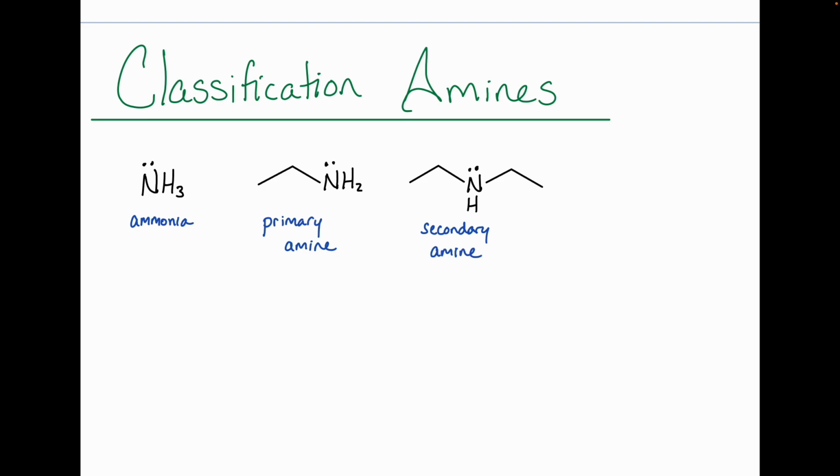Right? So a primary amine is because the nitrogen is bound to just one carbon. A secondary amine is when the nitrogen is bound to two carbons. So I want you all to take a second and see if you can predict what a tertiary amine will look like based on this pattern here.